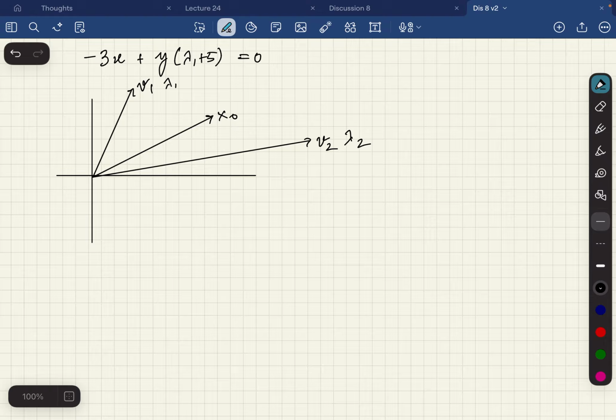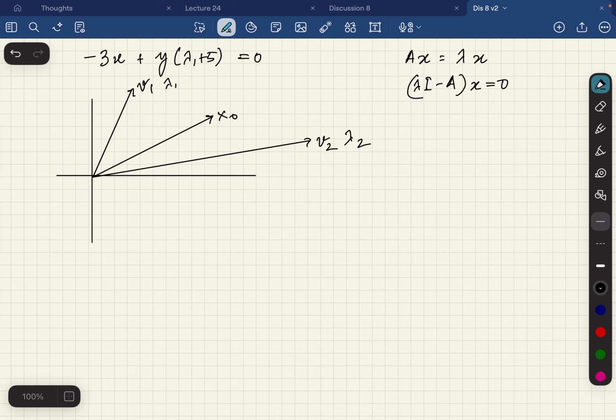The important relation is that if you multiply A with any vector along its eigendirection, it's simply its eigenvalue times the eigenvector. That is why we have lambda I minus A times x equals 0.